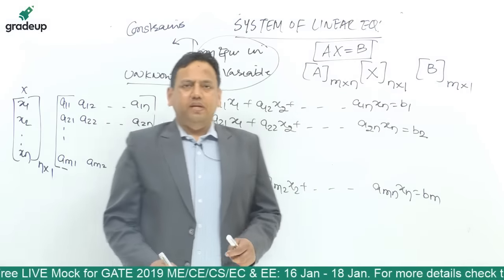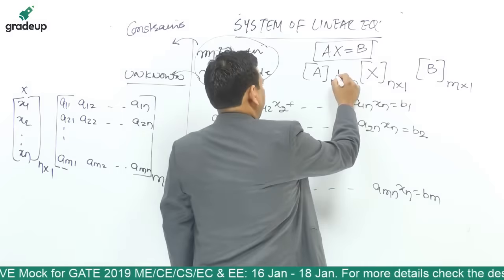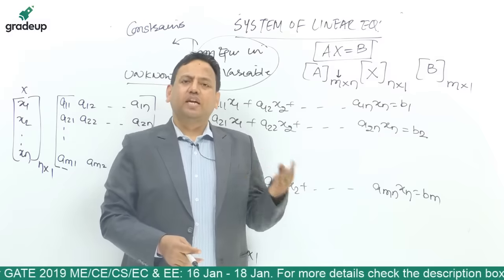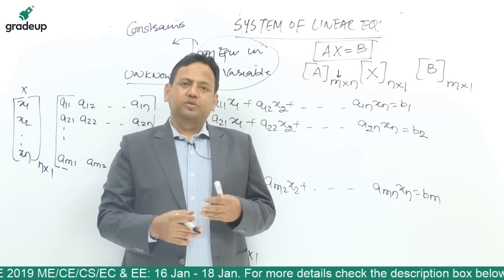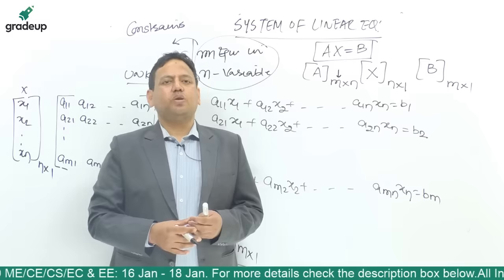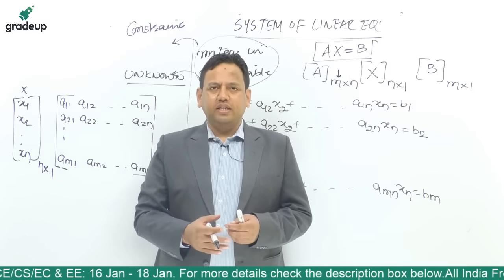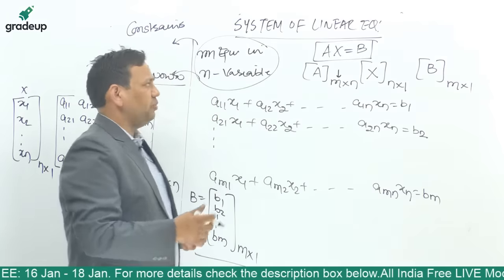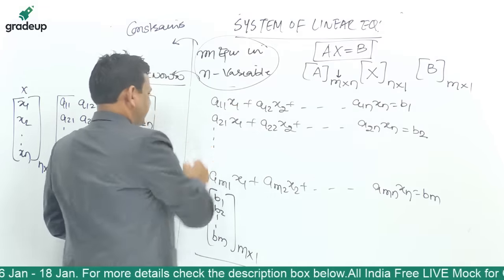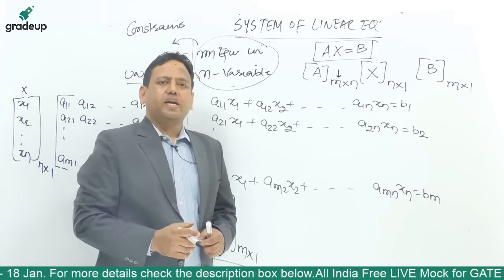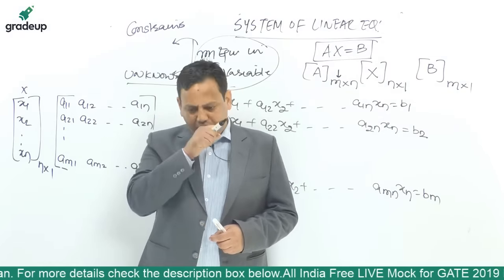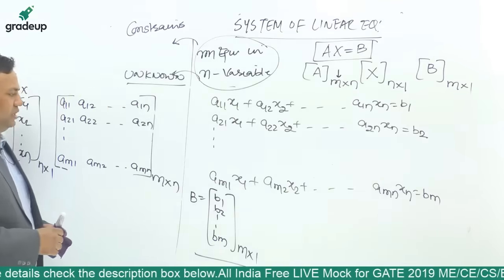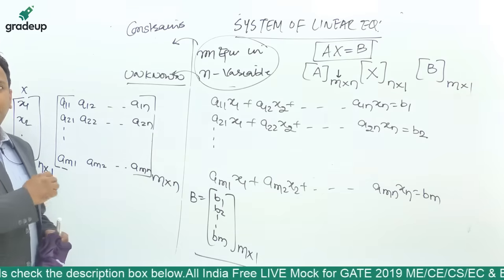First thing, remember, whenever this is written, there will be m equations. Generally you will find either m is equal to n, m is greater than n, or m is less than n. Depending on that, we say the system is over-determined, under-determined, or the perfect system. So we are saying this is known as a system of m equations in n variables. Please note this down.